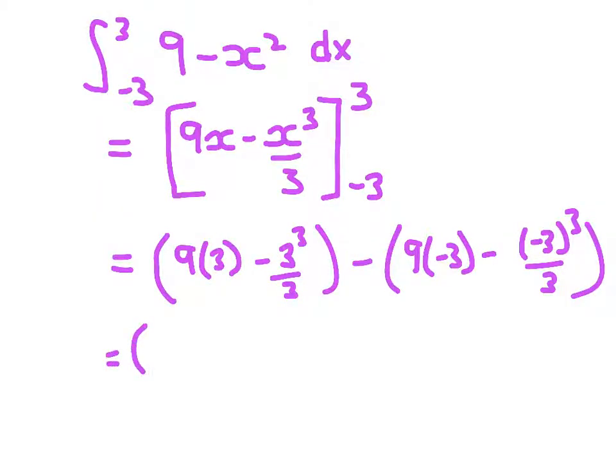Now that's equal to 27, take away 3 cubed is 27, divided by 3 is 9, minus 9 times negative 3 is negative 27. Negative 3 cubed is negative 27. So I've got negative 27 here, divided by 3, which is negative 9, but it's take away negative 9, so that's going to be plus 9.